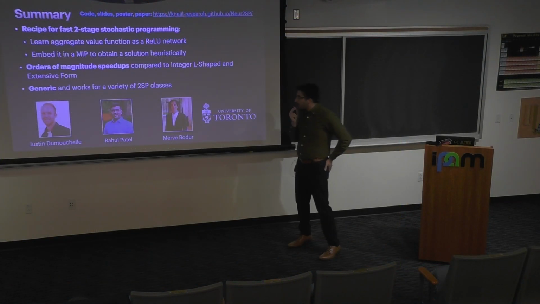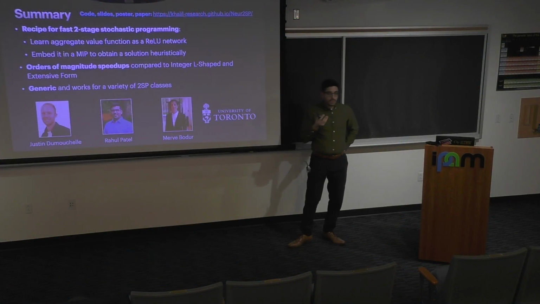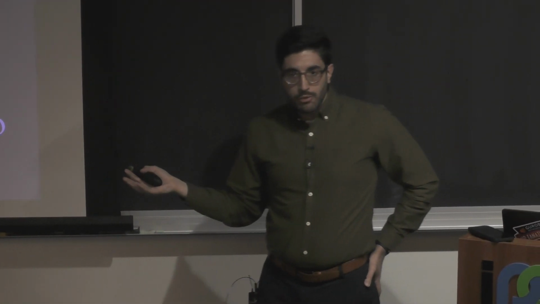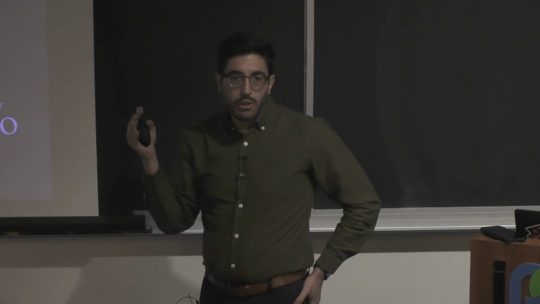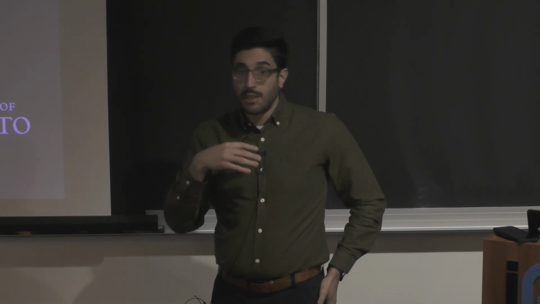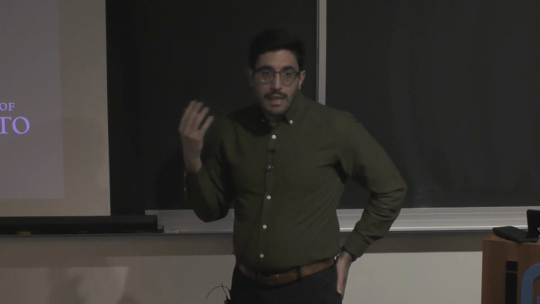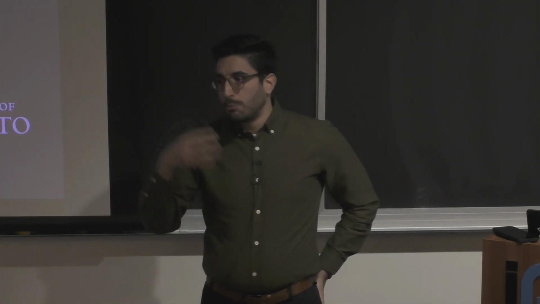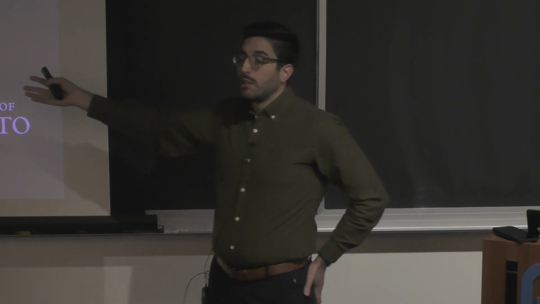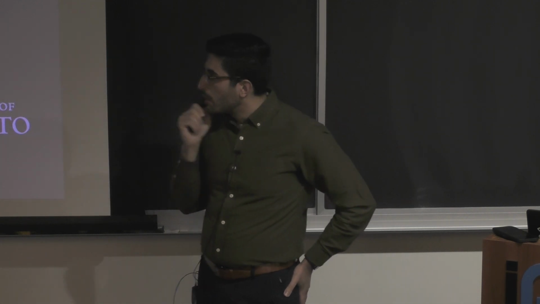So there are lots of ways to go from here, and one of them that we're interested in is which kind of neural net can represent which kind of value function based on the structure of the value function, because not every neural net can represent every function. And also if we can get any kind of guarantees in a learning theoretic way. Like if I have more data, I get more accurate, how does that reflect in the optimality gap in some sense?